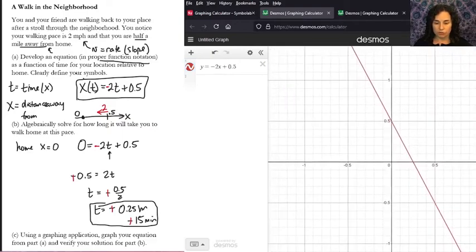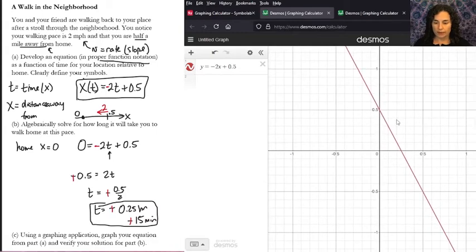And you can move the graph around, and you can see that I start half a mile away from home. And then when I get to home, the time that has passed is 0.25 hours, and you can see that on here. So you may want to make note of the two x and y intercepts.